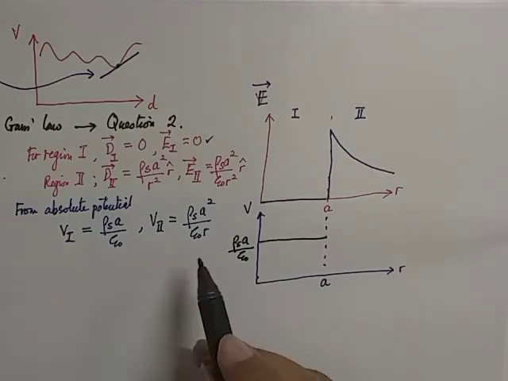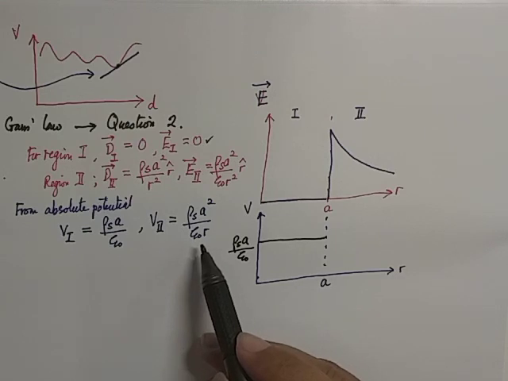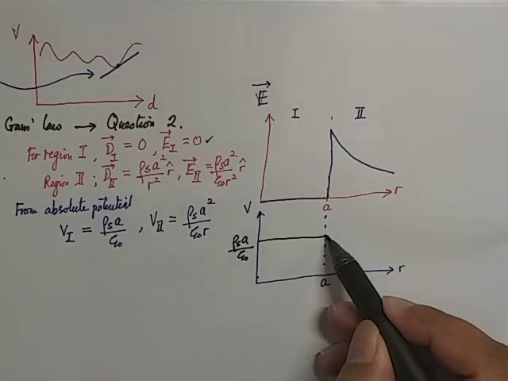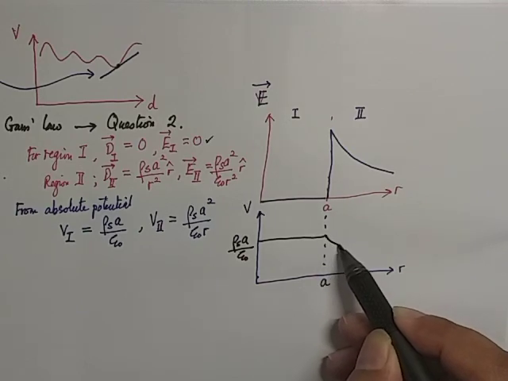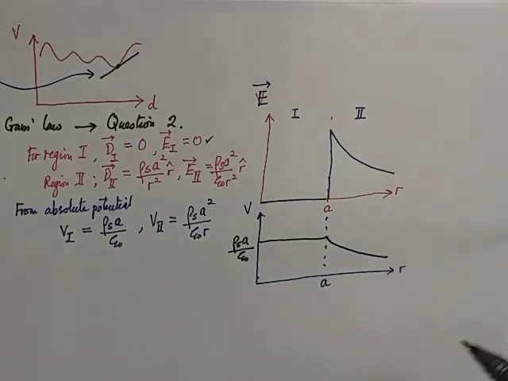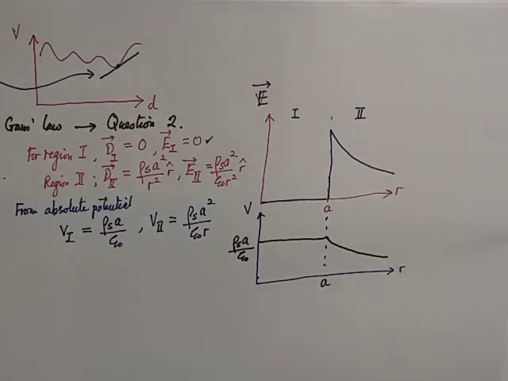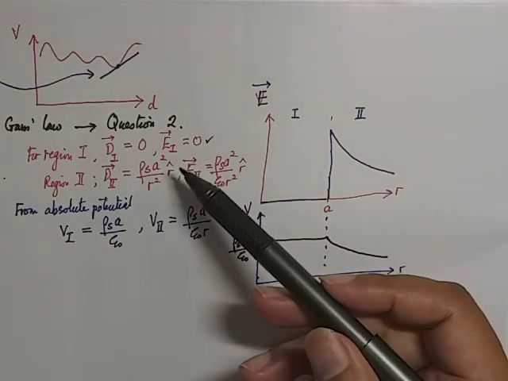And when we enter region number 2, we can see that the potential decreases as R increases. The slope is slightly less compared to the above, less decrease here because of the R term.